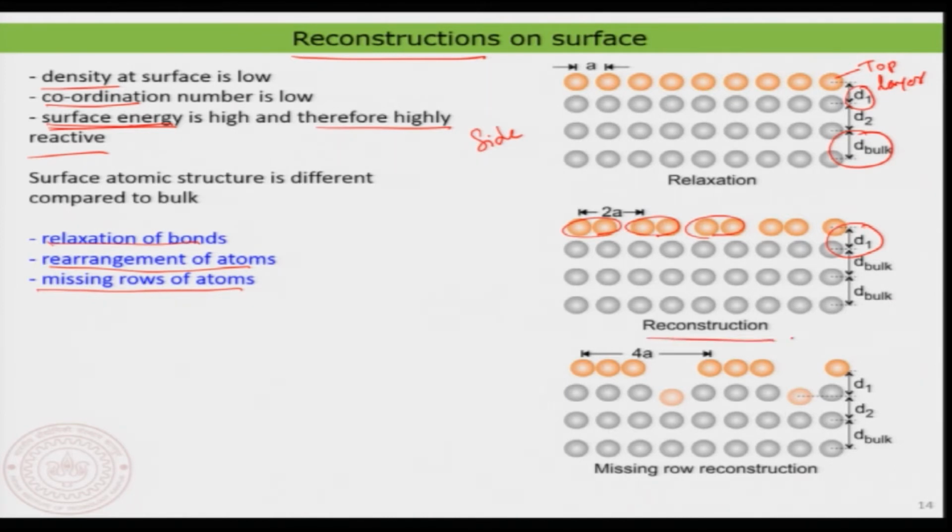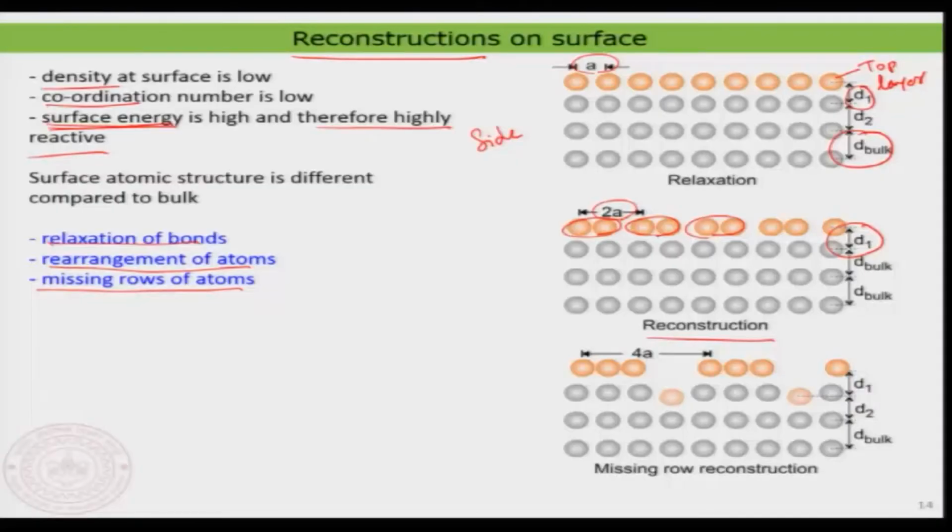This is typically known as reconstruction, where you rearrange the atoms on the surface. The interesting thing to note here is that the periodicity of the surface is not A anymore, it is 2A, because two atoms are making a pair, and therefore the periodicity of the surface is 2A in this case, compared to an ideal case where it is just A.